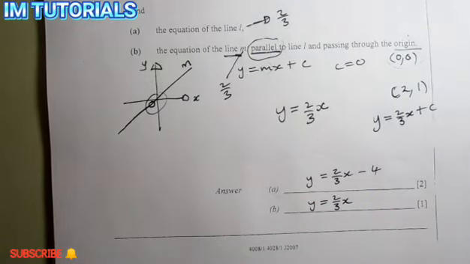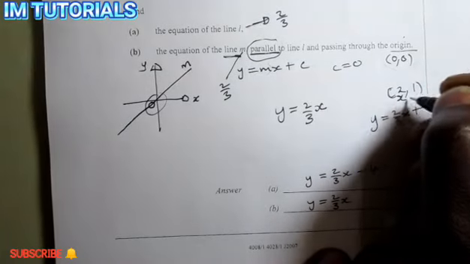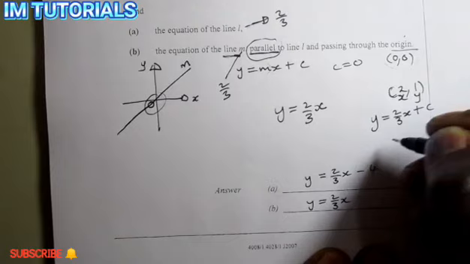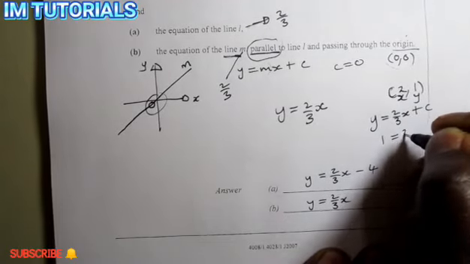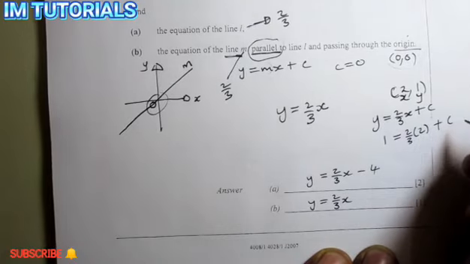But c will not be found by just looking, since you are given (2, 1), which is not the point of intersection between the y-axis and the straight line. So to find c, you make use of substitution, where x is 2 and y is 1. On y you put 1, 2 over 3, then on x you put 2, plus c.